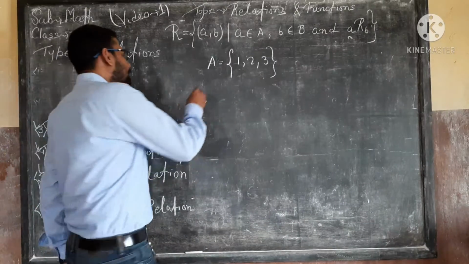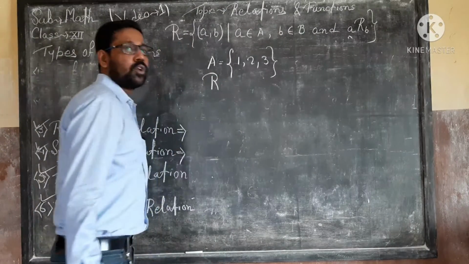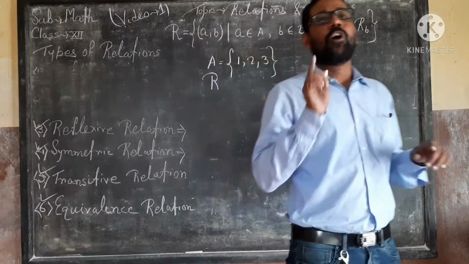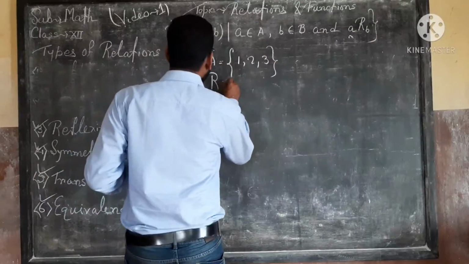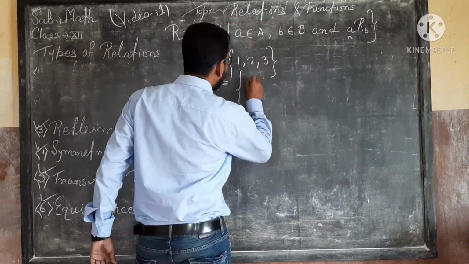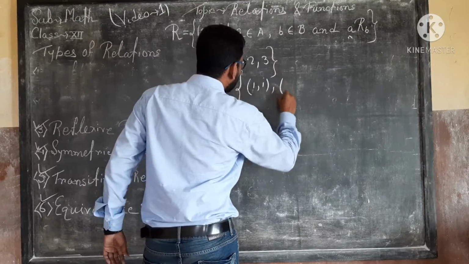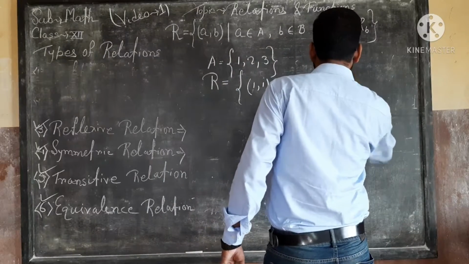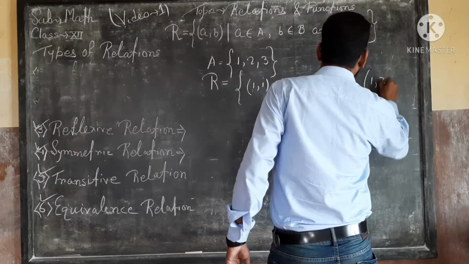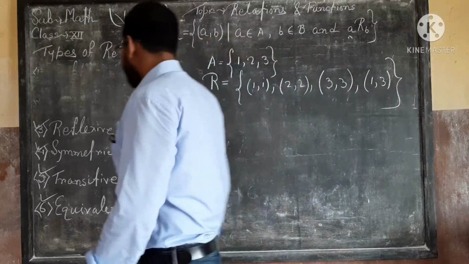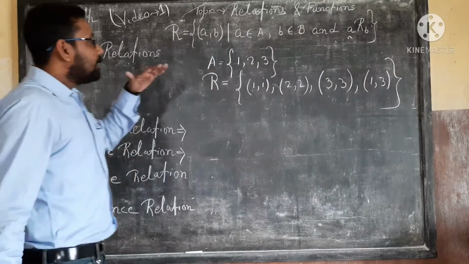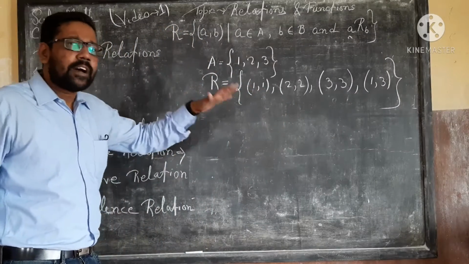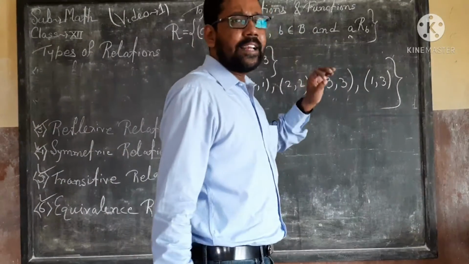And if you consider a relation R in this set A, that means this relation R from A to A, and this relation R contains (1, 1), (2, 2), (3, 3), and suppose (1, 3). So the question is, does this particular relation satisfy the reflexive criteria or not?